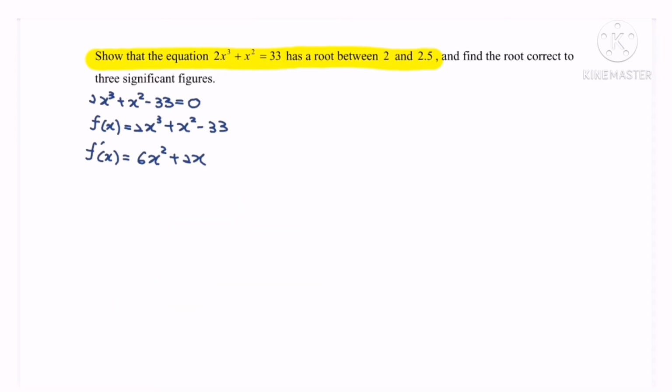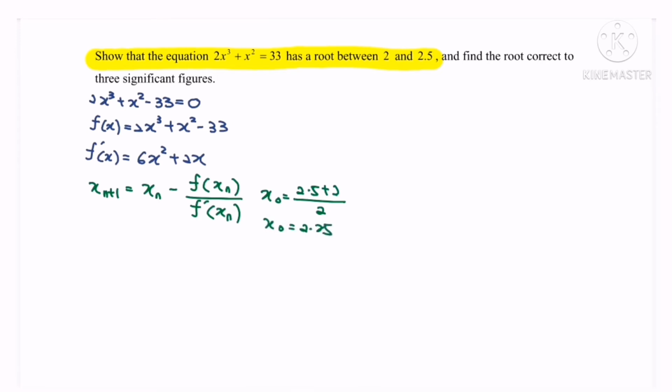Next, we have to find the root correct to 3 significant figures. Do remember to state the formula: x sub n plus 1 equals x sub n minus f of x sub n over f prime x sub n. Here we have to find x naught, where x naught equals 2.5 plus 2 over 2, and the value of x naught is 2.25.